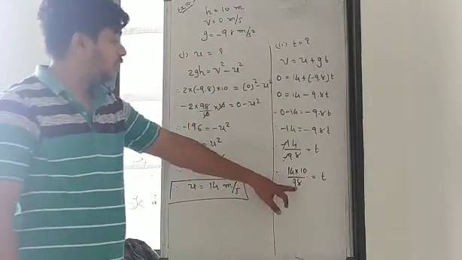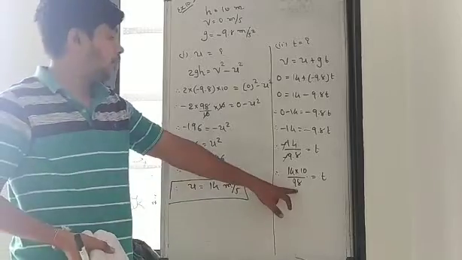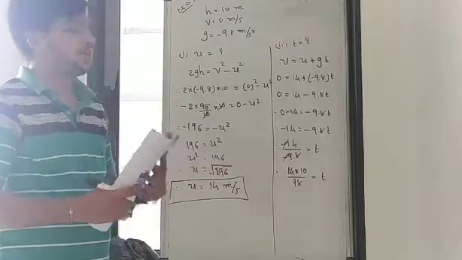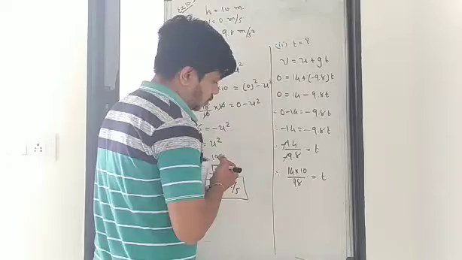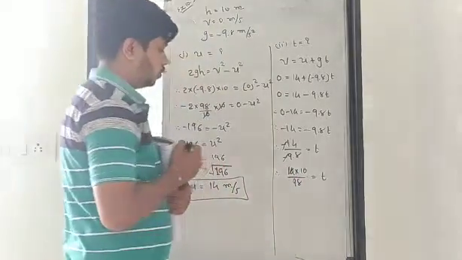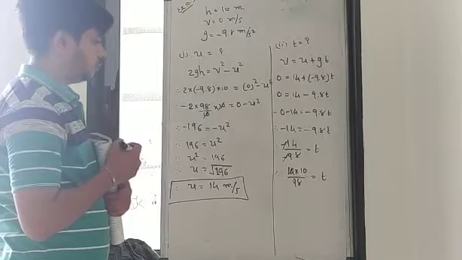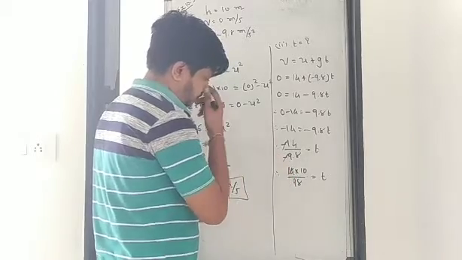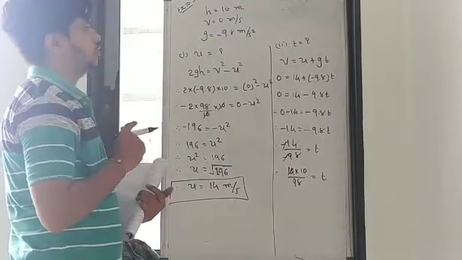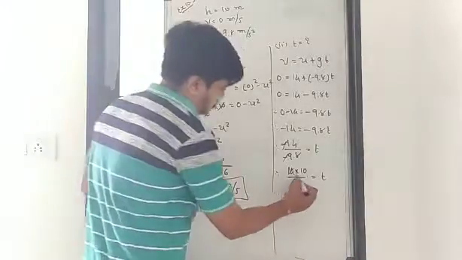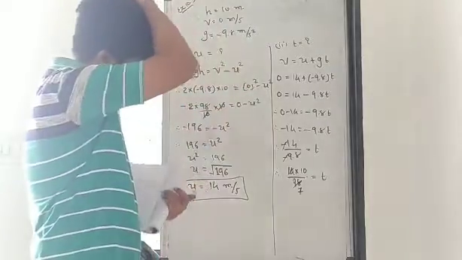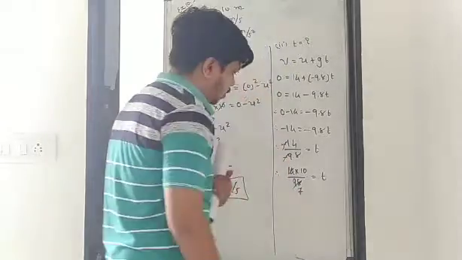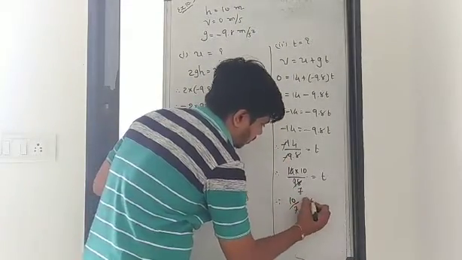Understand? So here we are just removing this point, which is 9.8, which gives you 98, and 14 into 10 divided by 98. Fourteen sevens are 98, so it gives you 10 by 7 is equal to t.